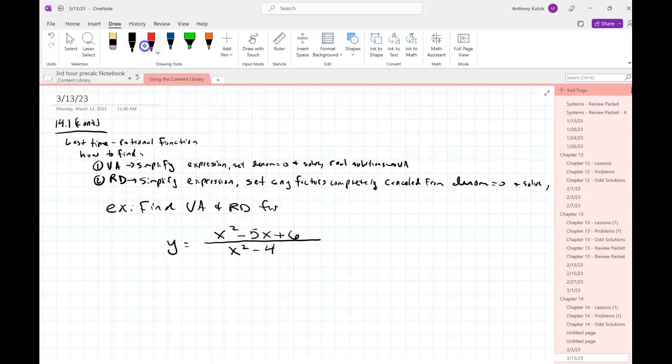Okay, so let's say we have y equals x squared minus 5x plus 6 over x squared minus 4. We want to find the vertical asymptotes and/or removable discontinuities for this. We start by simplifying. To simplify this, what's the first thing that needs to happen? Factor. Good. How does x squared minus 5x plus 6 factor?